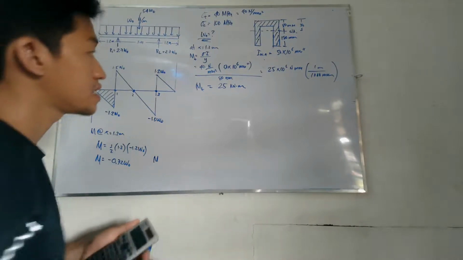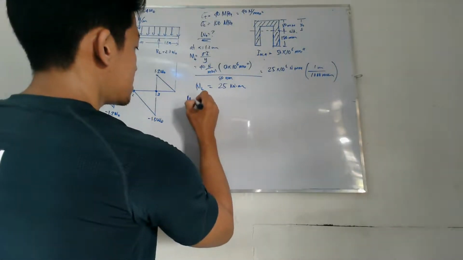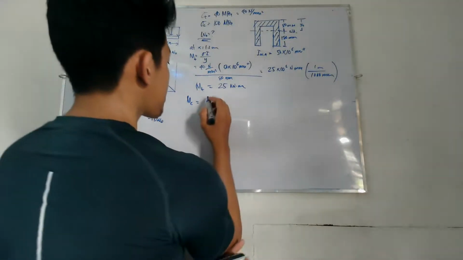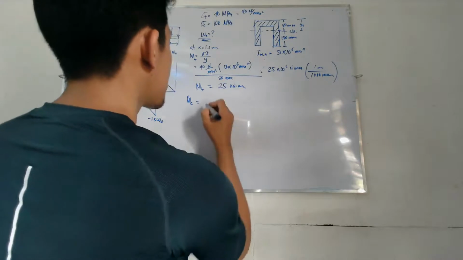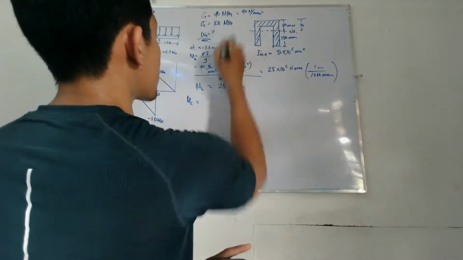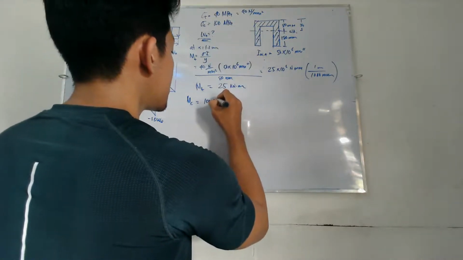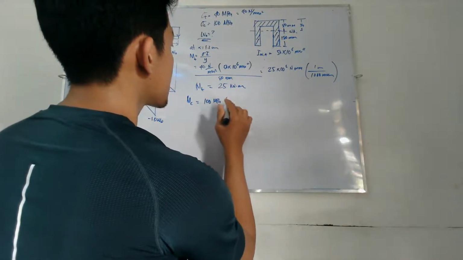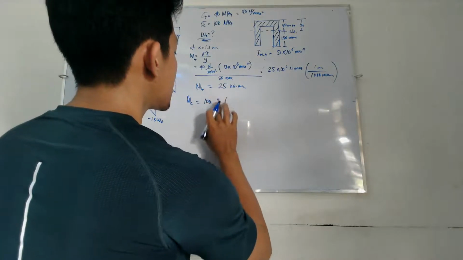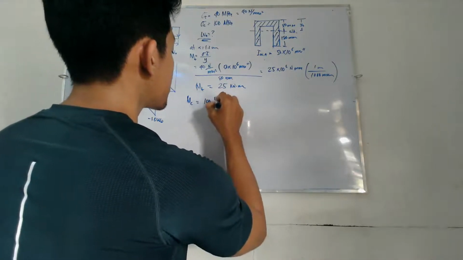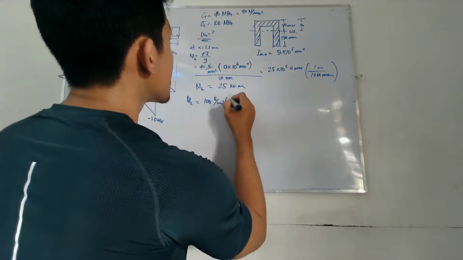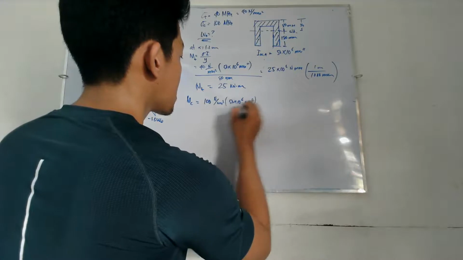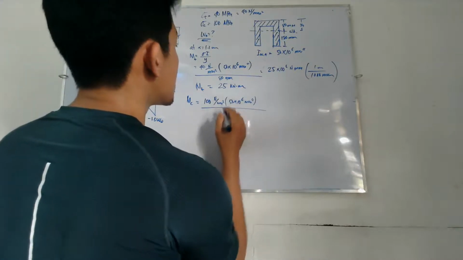And then, for compression, pila man? Kani, compression, 100 MPa, Newton per mm squared over y.